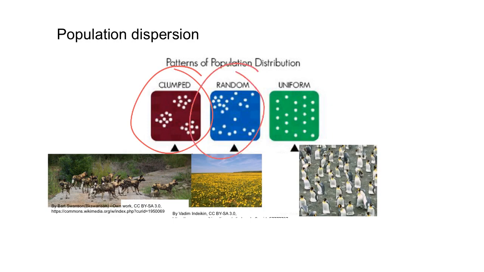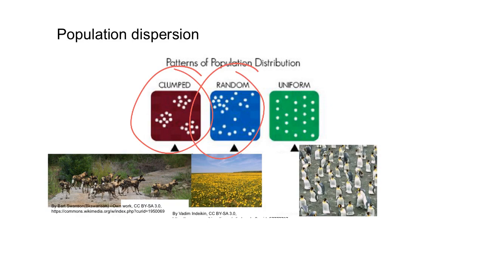Or if we see that organisms are randomly dispersed, we could ask how they are becoming dispersed, and what interactions are not there that would cause them to have a certain distribution.